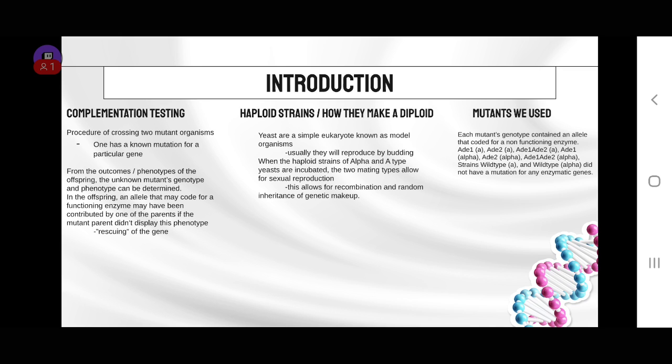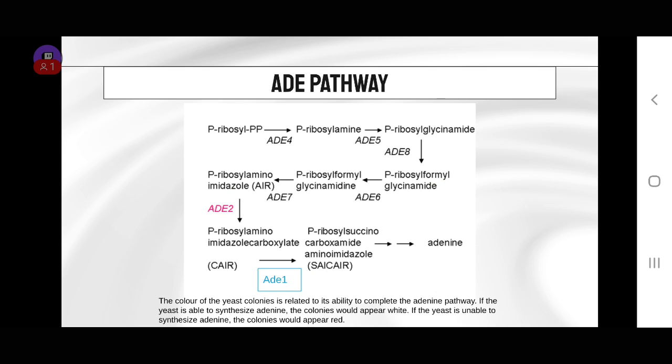The mutant yeast that we used in this experiment include strains that have mutations in certain genes that will code for either a functioning or non-functioning enzyme in this pathway for adenine. Adenine is a nitrogenous base found in nucleic acids.